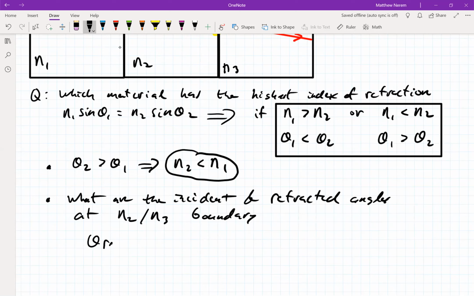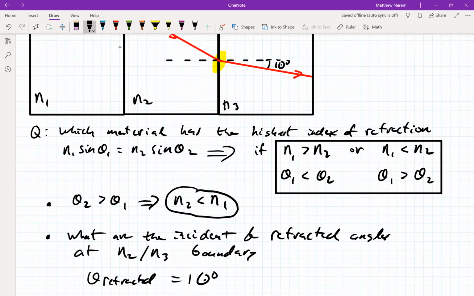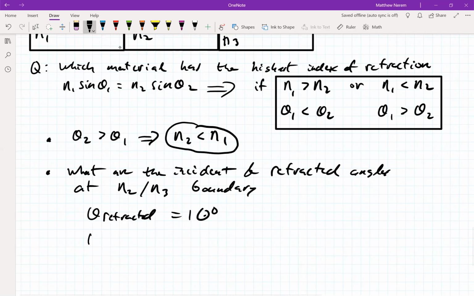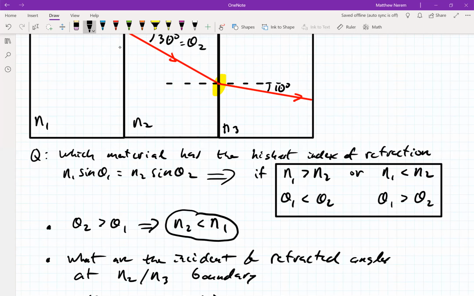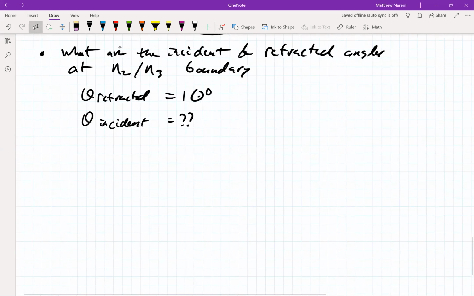Well, the refracted angle is easy. That's 10 degrees. Theta incident, question mark. Some of you might immediately identify what the incident angle is at this boundary now, but I'll draw it again to be explicit.